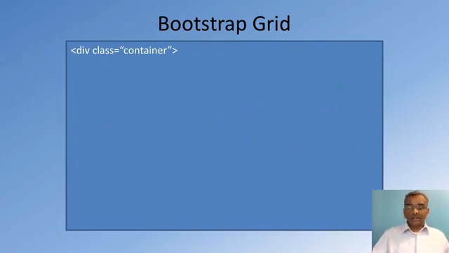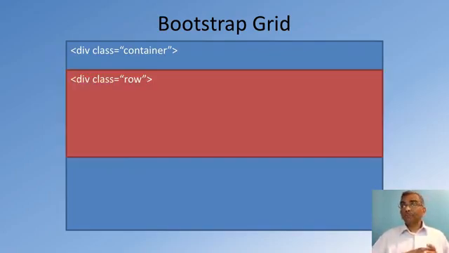Inside the container, the content will be laid out in the form of rows. So typically, inside an outer div to which we apply the container class, we will include an inner div to which we apply the row class. So the content itself will be vertically divided into multiple rows.